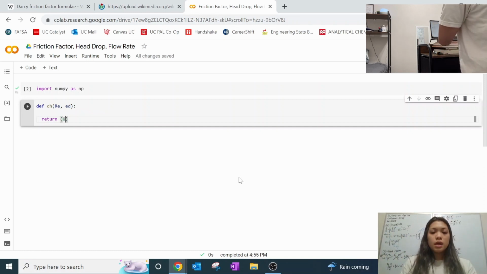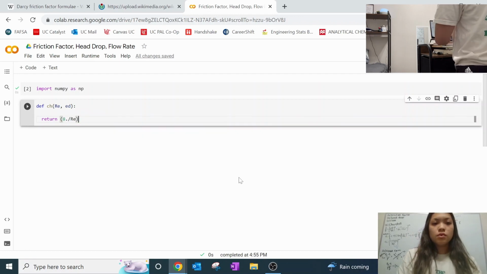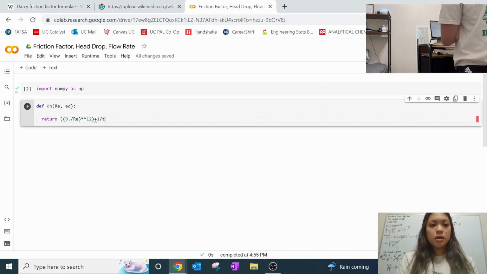So we'll have 8 divided by Reynolds number to the 12th power. This plus 1 divided by theta 1 plus theta 2, this is to the 3/2 or 1.5 power.